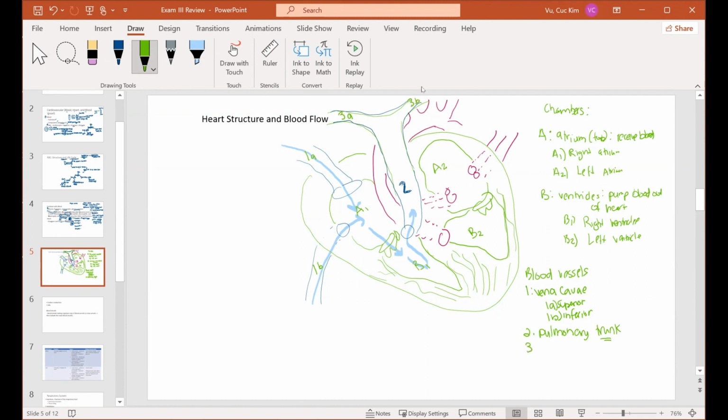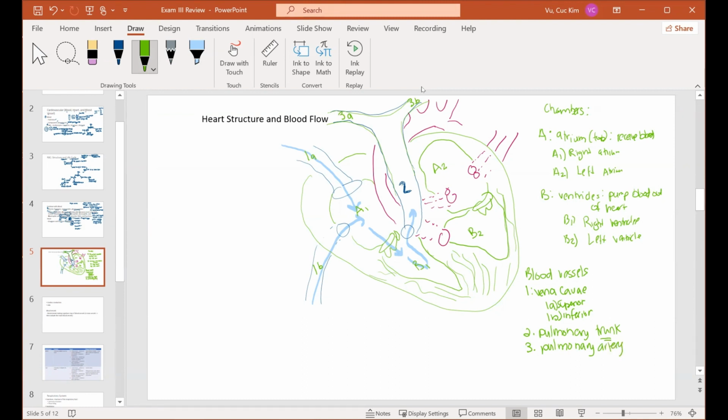And number 3 is what? It splits into the pulmonary what? Because it's leaving the heart, it's going to be the pulmonary what? Yes. Arteries always leave the heart.